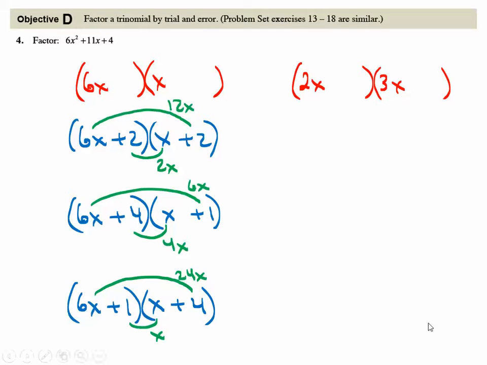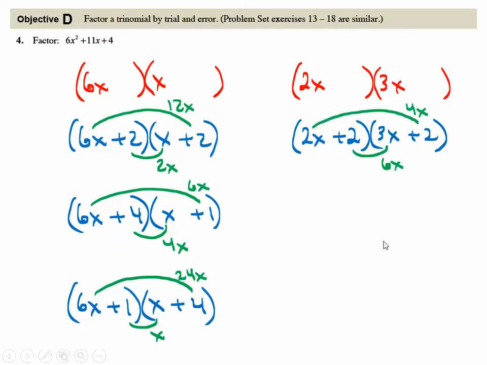Okay, so that's all the different possibilities of a 6x times x. So now go back to this one, 2x times 3x. And we're going to try to do the 2 and the 2 again, plugging in 2 and 2 making the 4. And I heard it already, 10x, that is 10x. 2x times x is 4x, and the 6x.